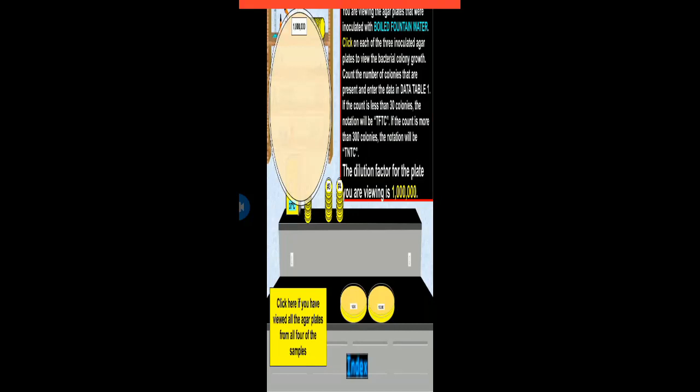Next, sample 2, boiled fountain water. Next is river water.